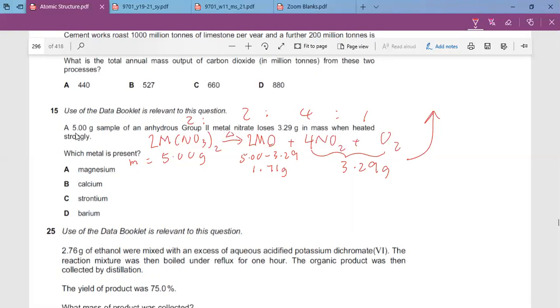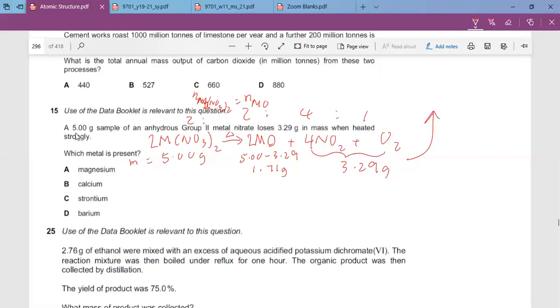Because the number of moles of your metal nitrate is equal to the number of moles of MO. So can you find it? Of course you can.